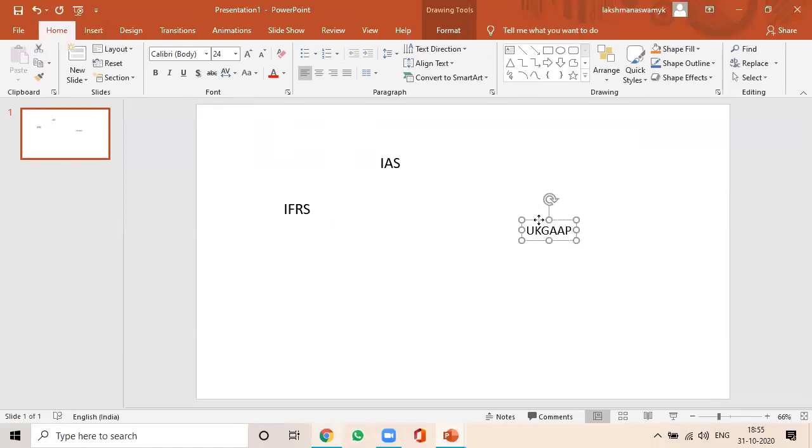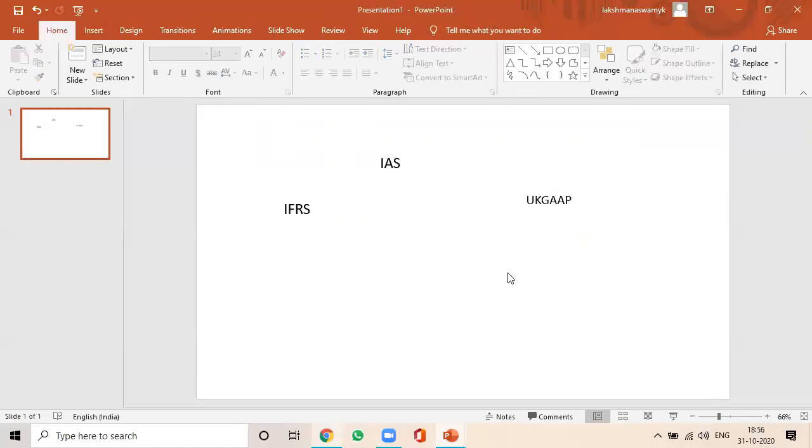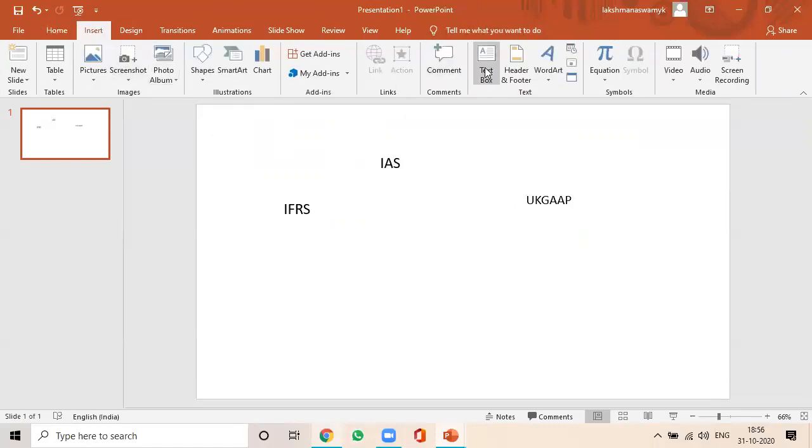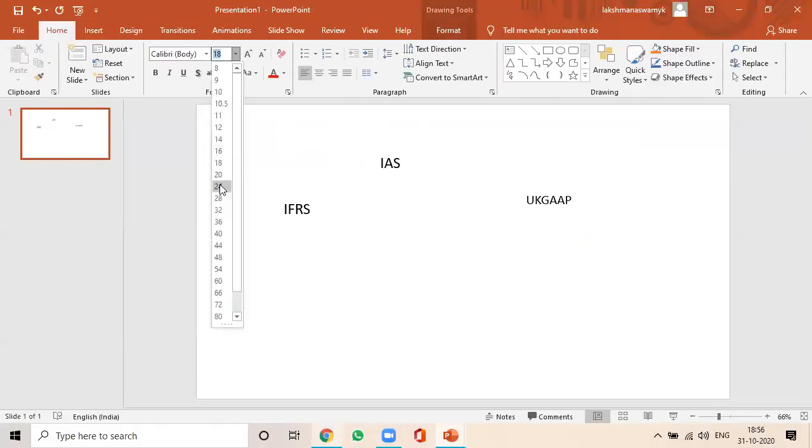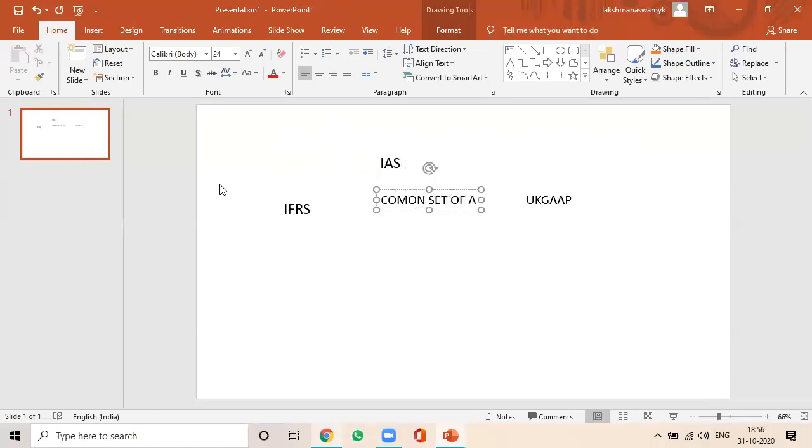So these are the three accounting principles you have to follow. You are doing business in India, so first, according to IAS only, we maintain the books of accounts. According to IAS, you maintain a common set of accounts.